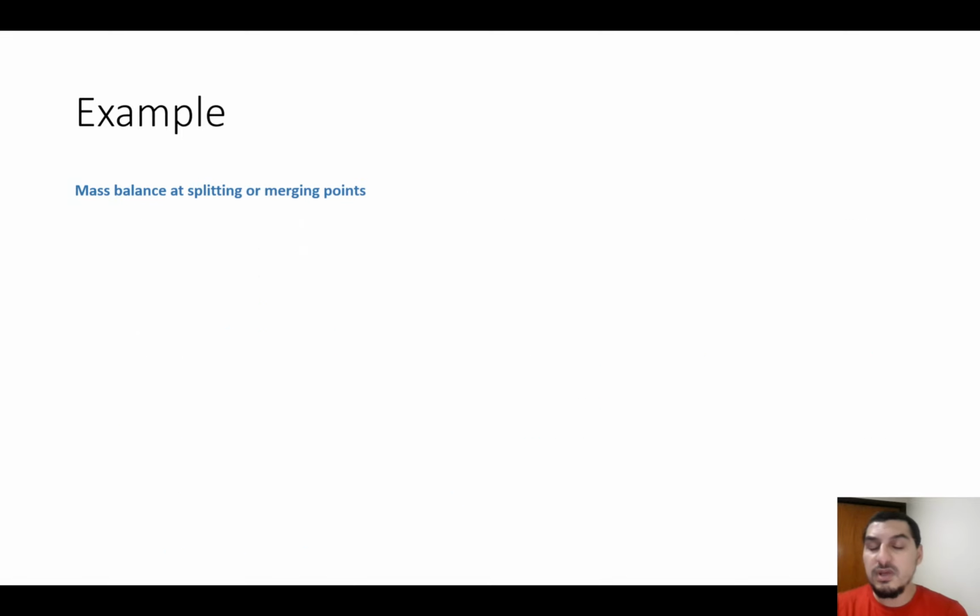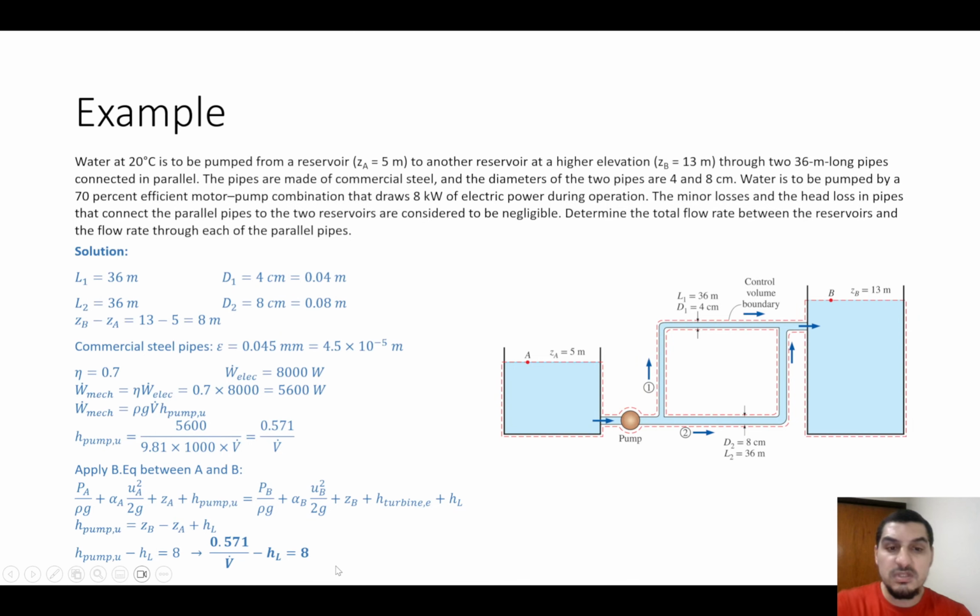Now we can apply the rules that we just discussed before. We have the mass balance at the splitting junction or at the merging junction, which is the total volumetric flow rate. Of course, it's an incompressible fluid, so the total mass flow rate in is equal to the mass flow rate in branch 1 plus the mass flow rate in branch 2.